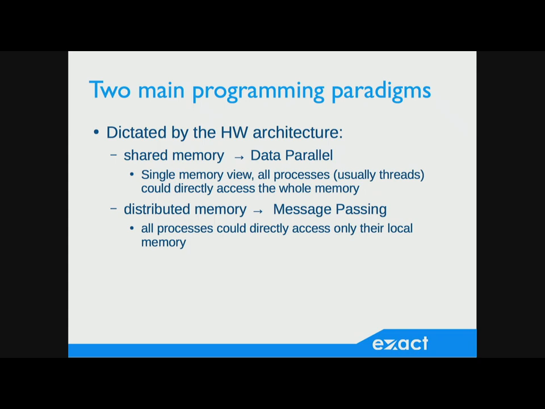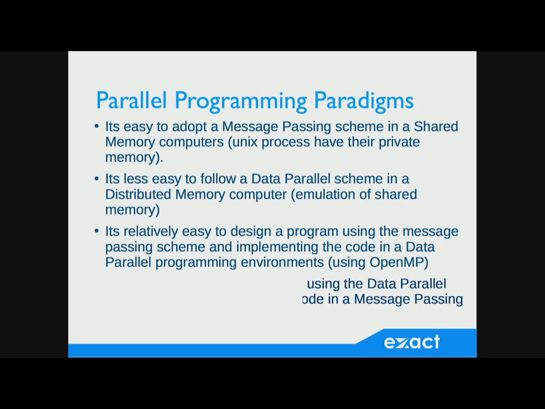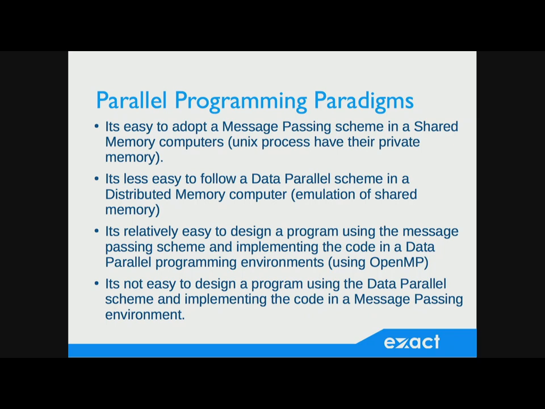All the processes can directly access only their local memory, so the memory that you can see from a process is just your local memory. If you need some other data that is in another place, you have to ask the other process: you send a message that is received, and then they answer you. Okay? So, well, this is a little bit messy. Let's see the animation.